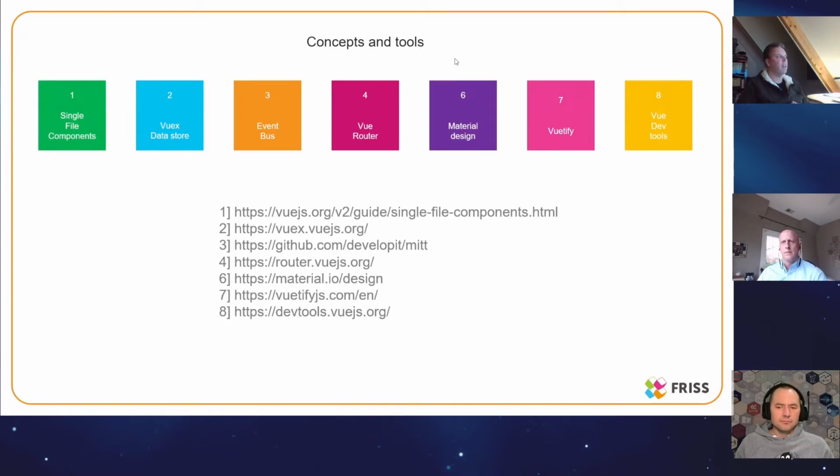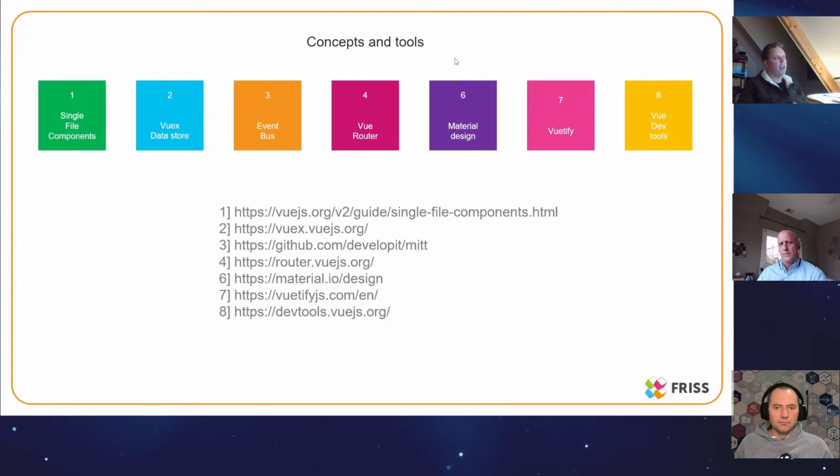Even Shiny has a material library that you can use, and then you get similar components. But then R would create the HTML, push it to the browser, and then you can see it, but you can only use what's inside that particular package. So there's a lot that you can do in Vue that you couldn't do with the R material version.